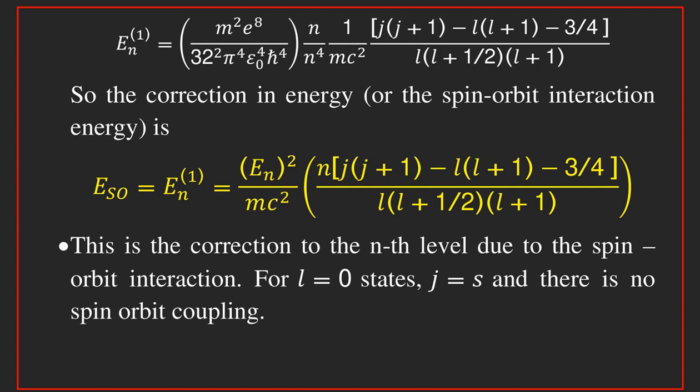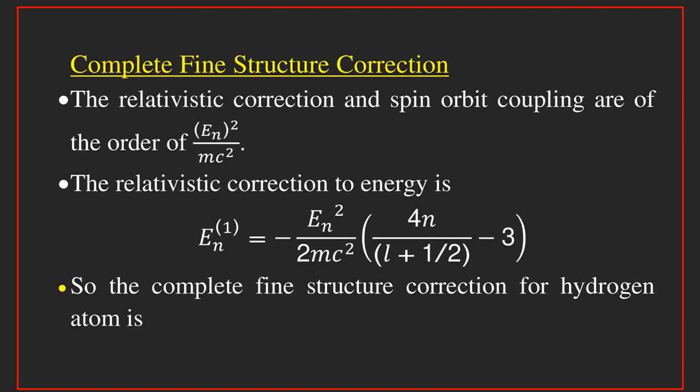But there will be another correction called the Darwin term for L equal to 0, that we have not considered in the syllabus. So the complete fine structure correction of hydrogen atom is the relativistic correction plus the spin orbit coupling plus the Darwin term. Actually we are not considering the Darwin term.